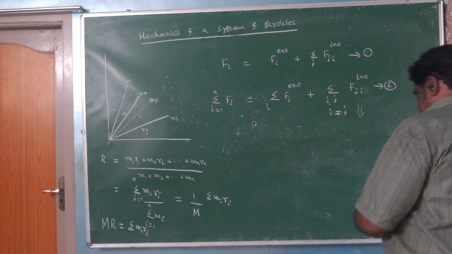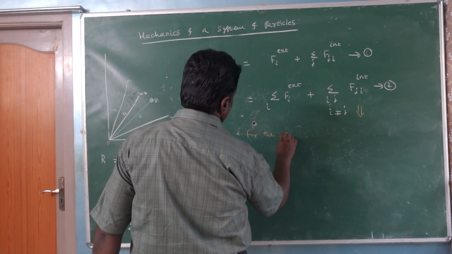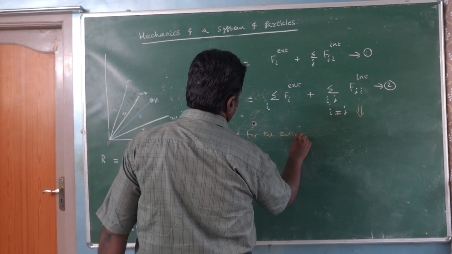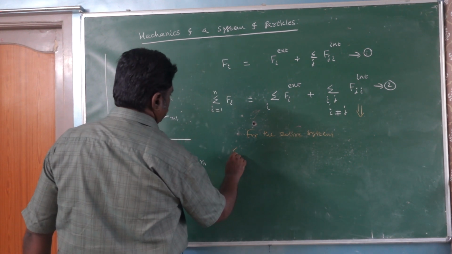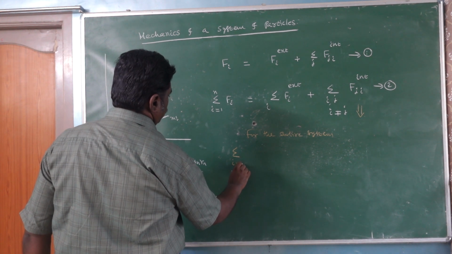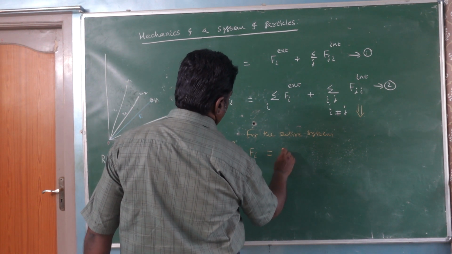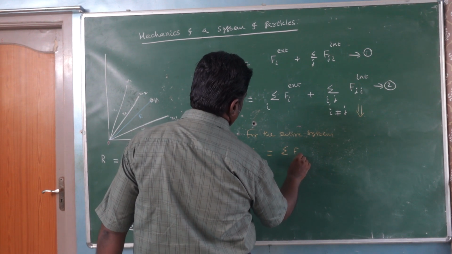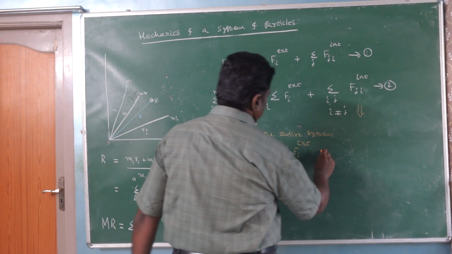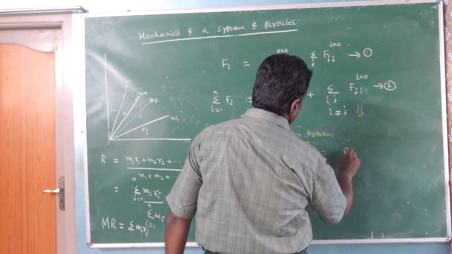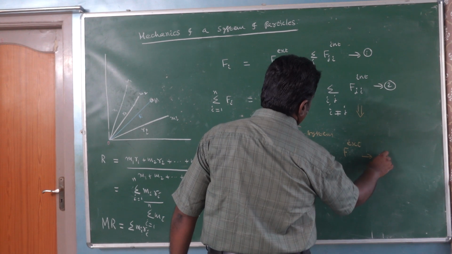for the entire system, summation of i equal to 1 to n Fi, which is equal to Fi external alone. This is simply written as F external. Say this is equation 3.